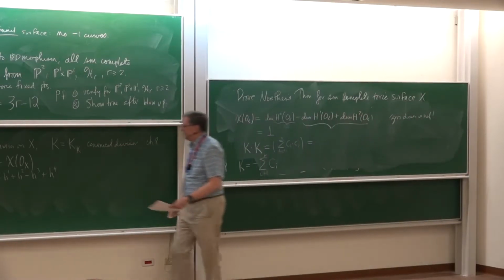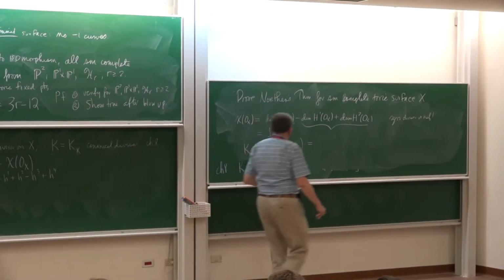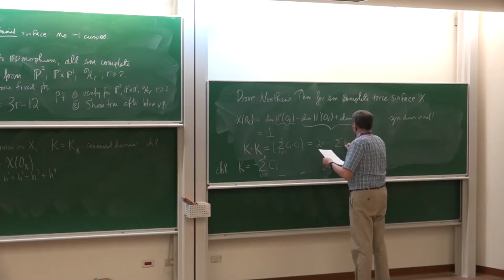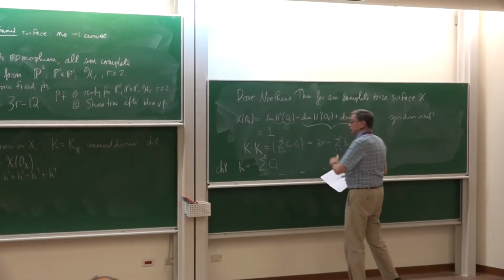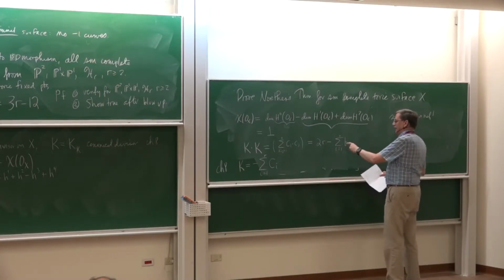But of course, a lot of the intersections are, when the curves are disjoint, the intersection is 0. When the curves meet, it's 1. And so the case that's interesting is when you have this. And in fact, what you get is, because one of the things you get is when i equals j, that's Ci dot Ci, and that's minus bi.